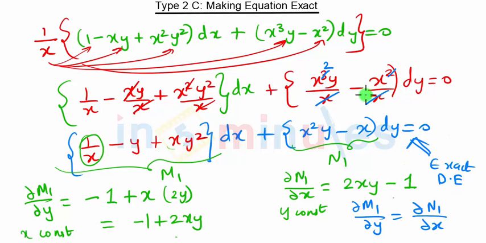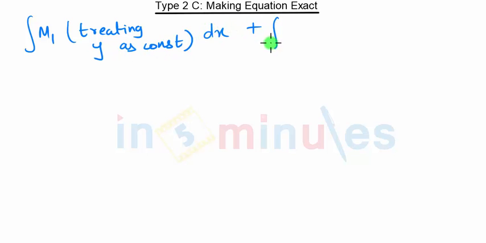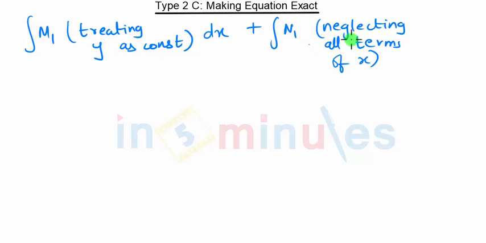For an exact differential equation, the solution is given by integration of m1 treating y as constant into dx, plus integration of n1 neglecting all terms of x into dy, equal to some constant.